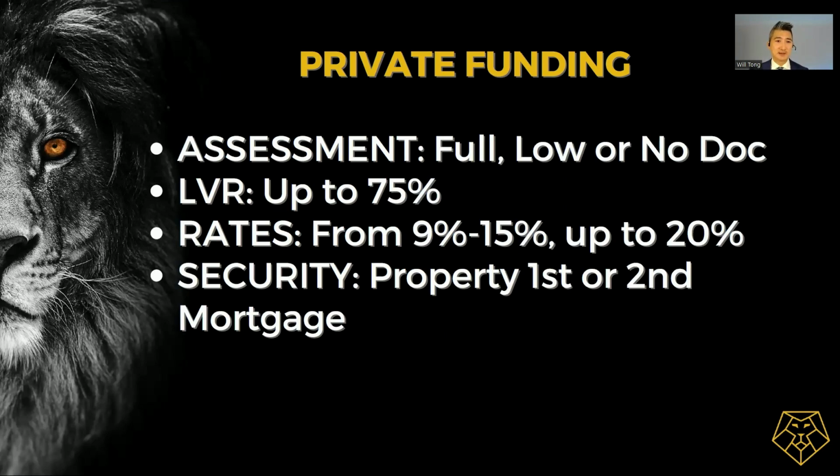Typically, you can get loans up to 75%, but the interest rates are usually quite high. The typical range is between 9 to 15%, but in some cases, I've seen private lending interest rates go up to 20%. In terms of security, typically they'll ask for a first or a second mortgage across the asset.